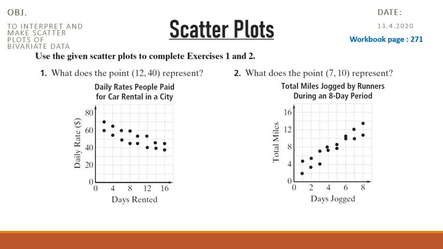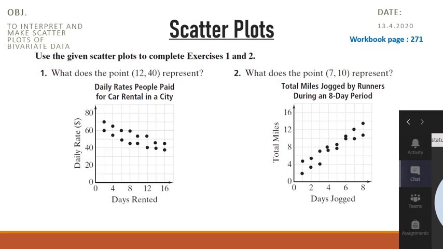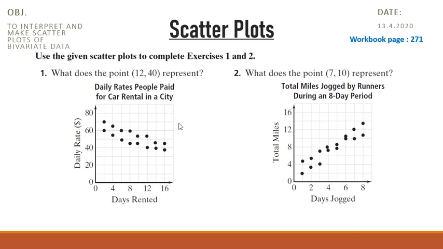You have 1 minute to solve question 1 and question 2. Yes, Muhammad, page 271. You have finished this page? Questions 1 and 2? Yes. Okay, Ahmad. Wait a minute.